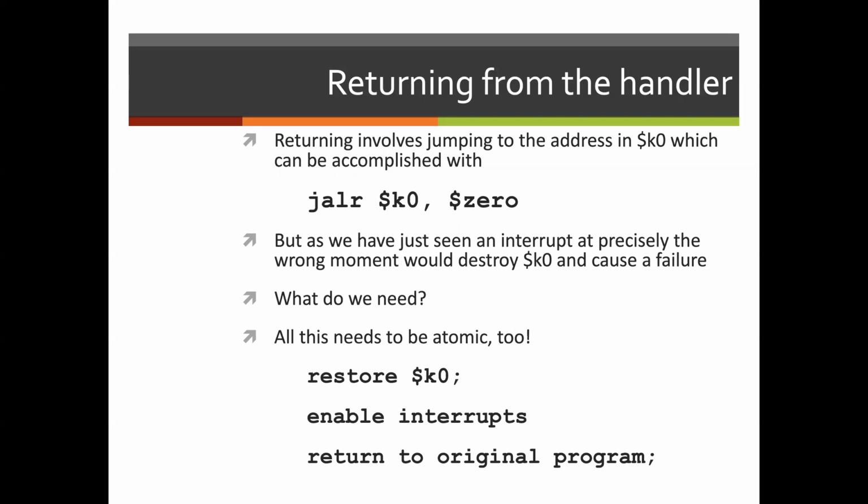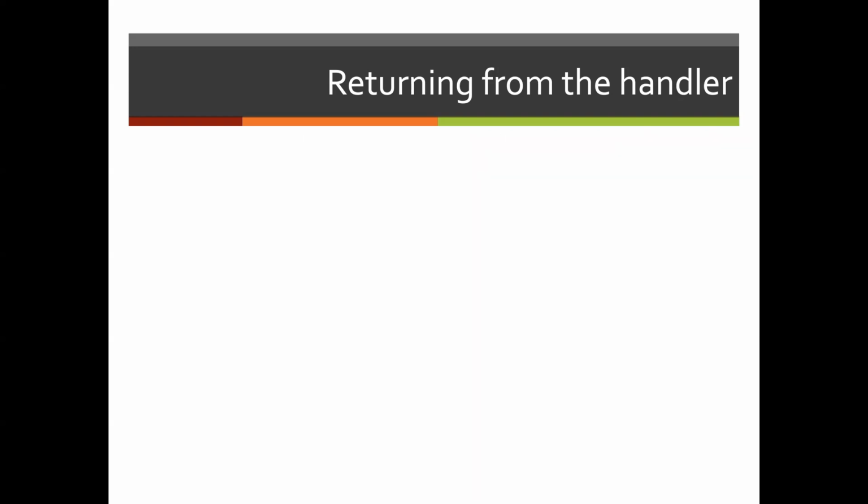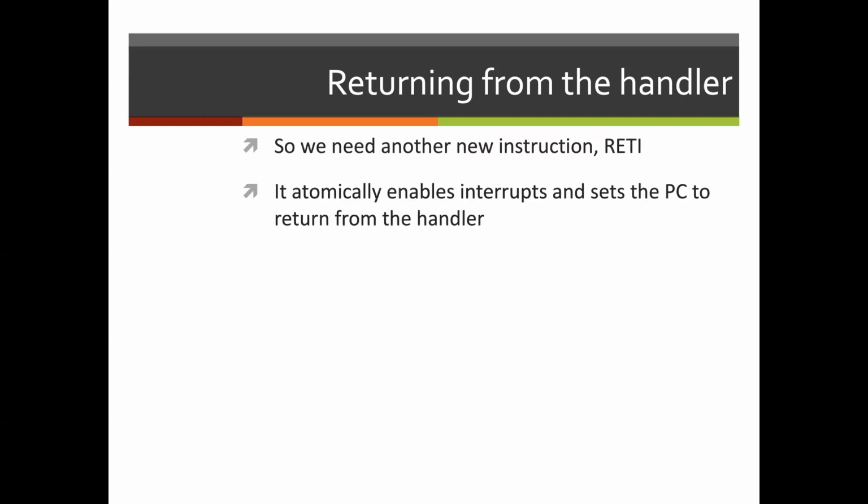Well, what we'll want to do is make sure we restore K0, enable interrupts, and then return to our program. And so in order to do that, we'll want to introduce a new instruction, RATI, and this will atomically enable interrupts, and it will set the program counter to return from the handler.